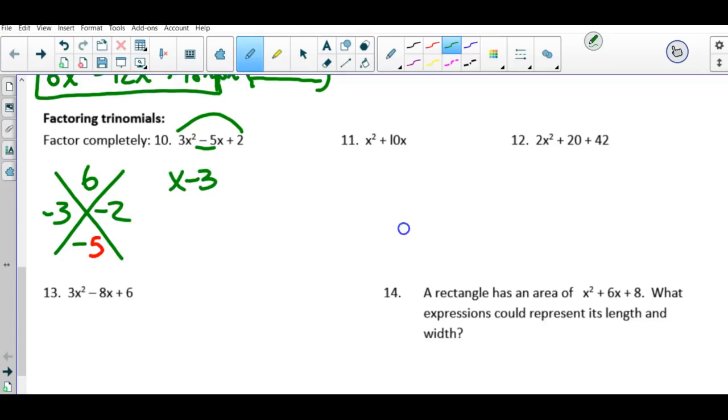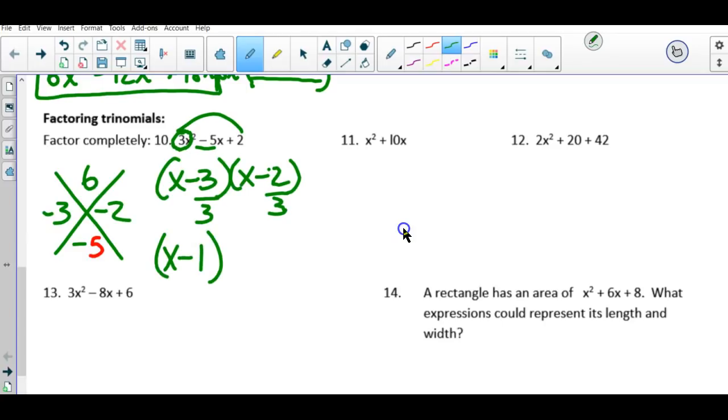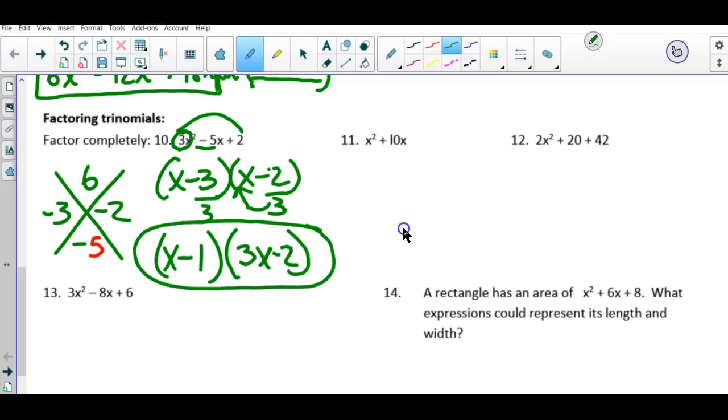X minus 3, x minus 2. We have our a, which is 3, we have to divide by. So, simplify our fractions. X minus 1. This one will not simplify, so move 3 over. 3x minus 2. There, those are our factors.